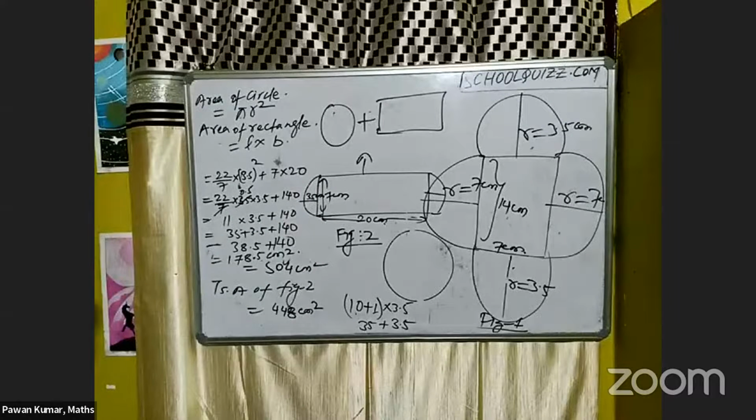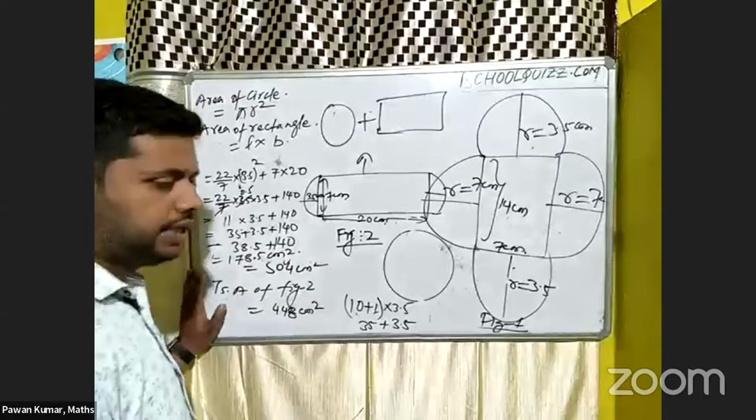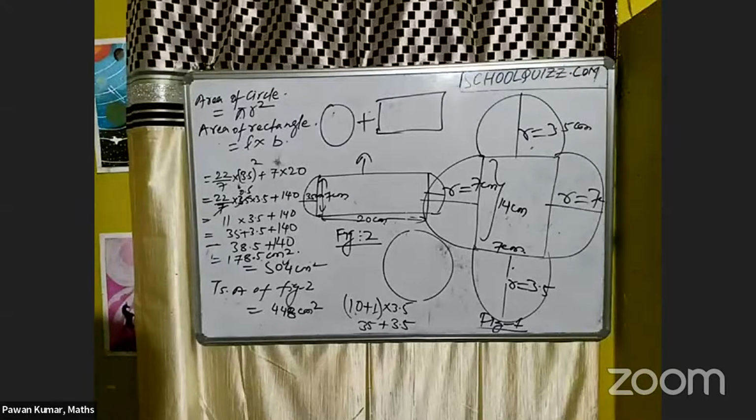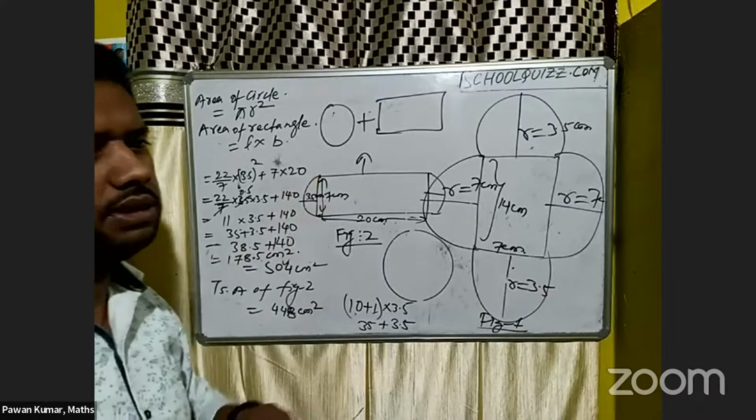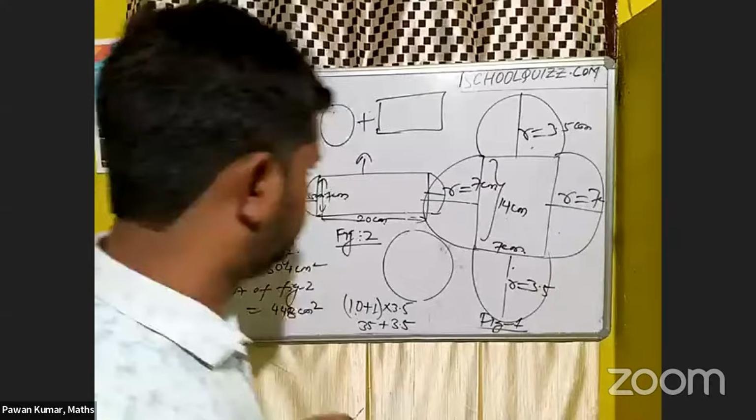Okay, sir. Here is a semicircle, but you have used the area of a full circle. Semicircle. Correct.